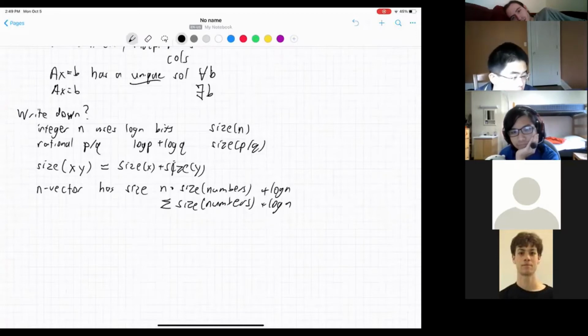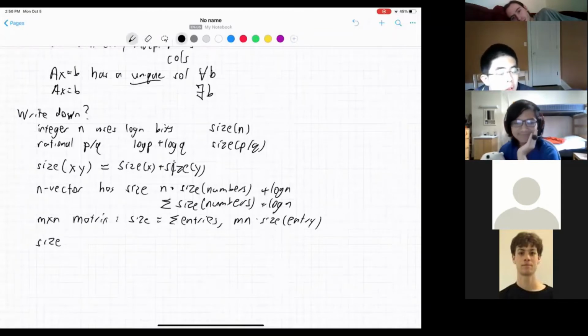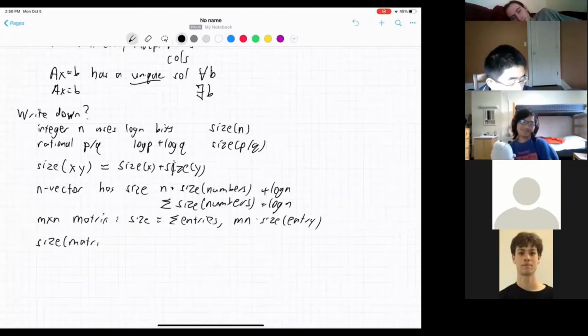And similarly, a matrix is going to have size equal to the sum of the entries in the same way, or mn times the size of a single entry, right? Now, what can we say of the size of a matrix product?